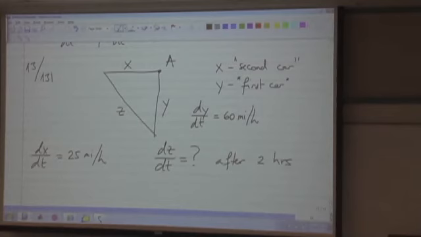We need to relate x, y, and z. How do we relate them? Pythagorean theorem says z squared is equal to x squared plus y squared, right? What next? 2z dz over dt equals 2x dx over dt plus 2y dy over dt.